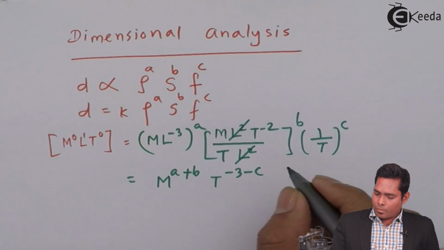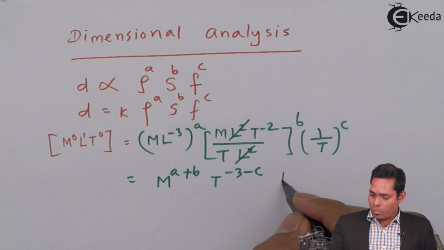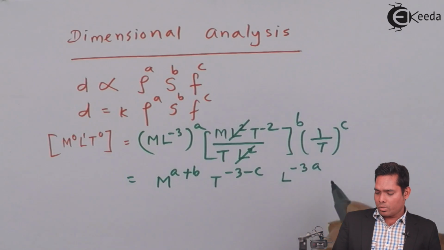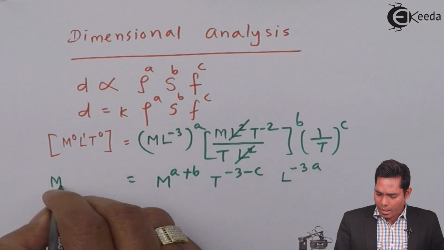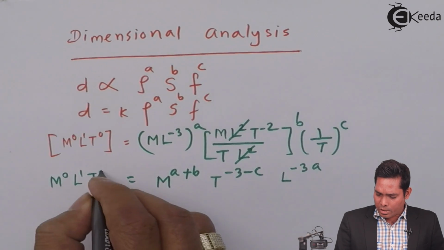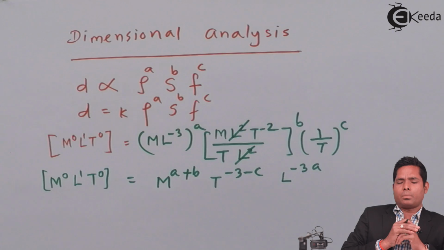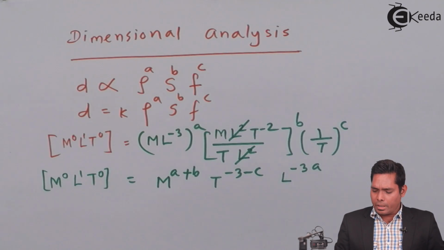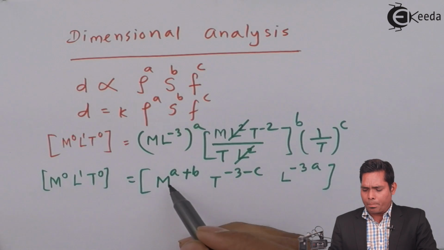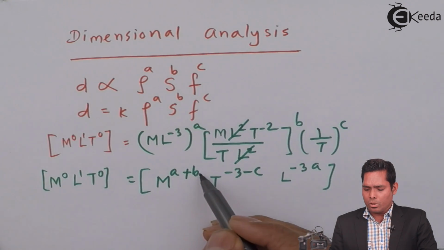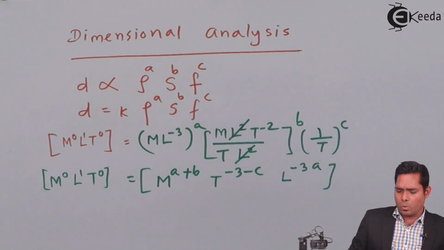Now L is raised to minus 3a. So these are the dimensions on this side. Now I'll equate the powers of the same quantity. Here the power of M is 0, and on the other side the power of M is a plus b. So for them to be equal, a plus b must be equal to 0.